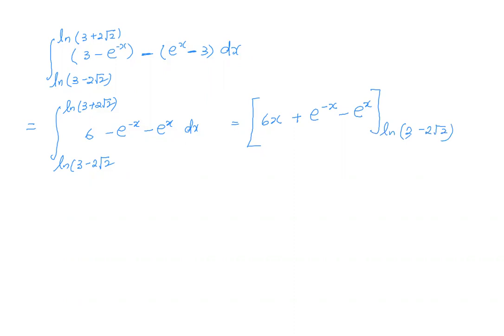So you want your algebra to be quick, you have to be very familiar with your things. So I substitute step by step: 6 ln(3 + 2√2) + 1/(3 + 2√2) - (3 + 2√2).